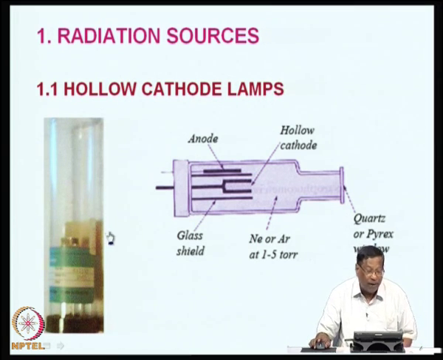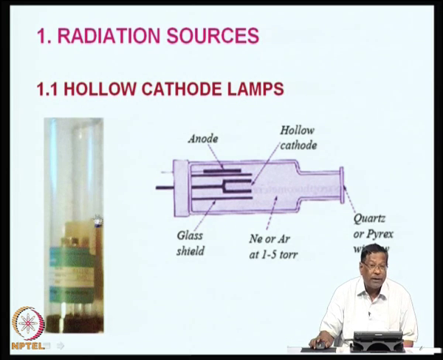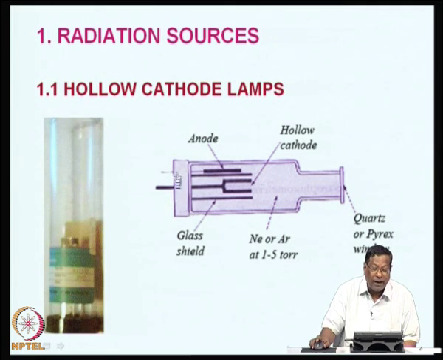Here I am showing you the hollow cathode lamp. The figure on the left shows you an actual hollow cathode lamp used in the instrument, and the figure on the right shows you the schematic diagram. Here you can see that at the back side, where my hand is pointing out, it is only the electrical connection, and this is made of glass up to the outer portion, except this portion.